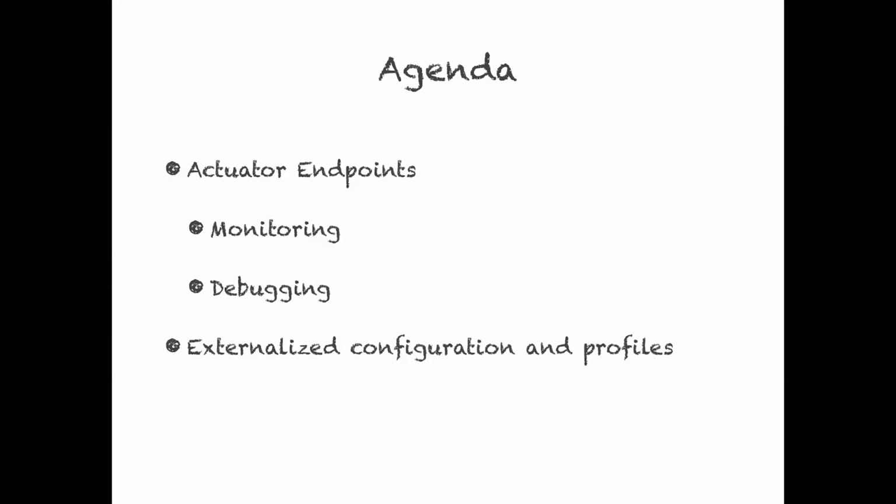Next, we look at externalizing your configuration and how you can switch on various configuration values in different environments using profiles. And the last thing we'll look at in this talk is metrics and what Spring Boot provides so that you can observe and react to your application's metrics over time.